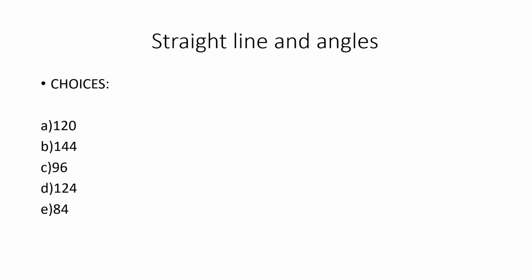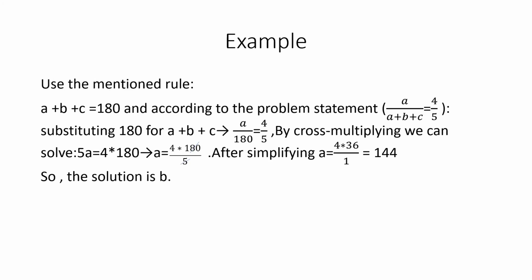We have five choices in this example. The first one is 120, the second one is 144, the third one is 96, the next one is 124, and the last one is 84. Okay, let's start the solving process.